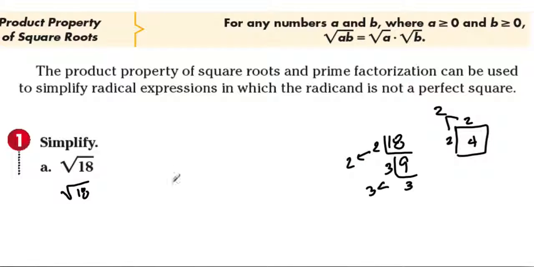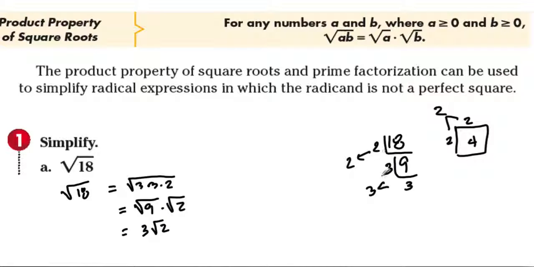Knowing that, the prime factorization of 18 is 3 times 3 times 2, or with this radical, 3 times 3, or 9, times radical 2, which is the same as 3 radical 2.